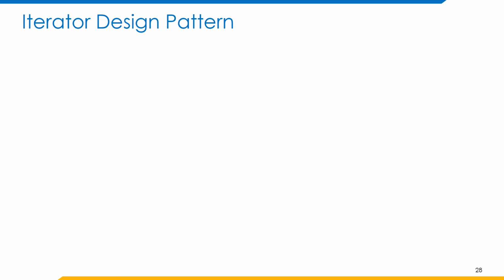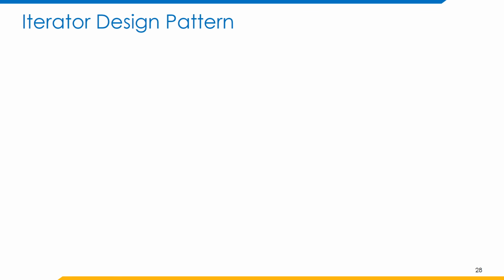Iterator design pattern. This is an old design pattern. Now Java provides us an iterator interface and a list which contains a list iterator method. With the help of that, we can iterate the elements. So in this design pattern, we are traversing the elements, meaning there is a set of elements.